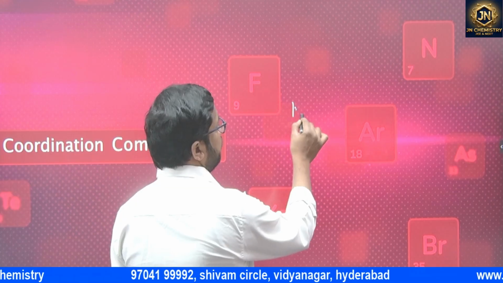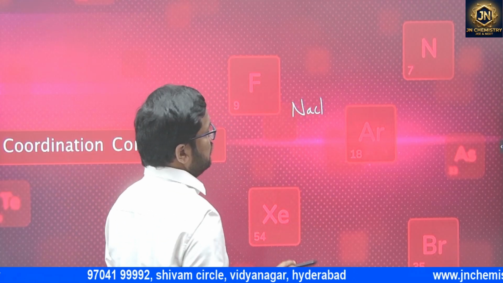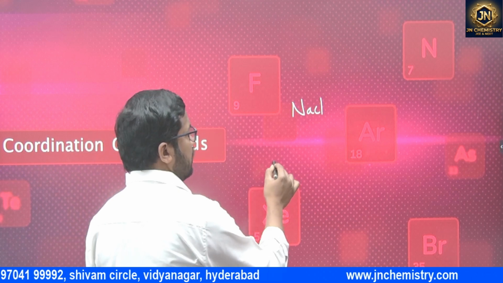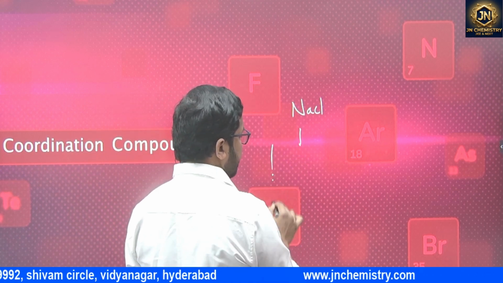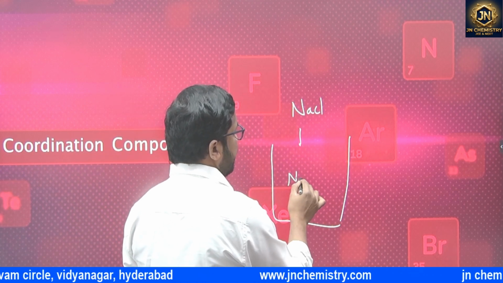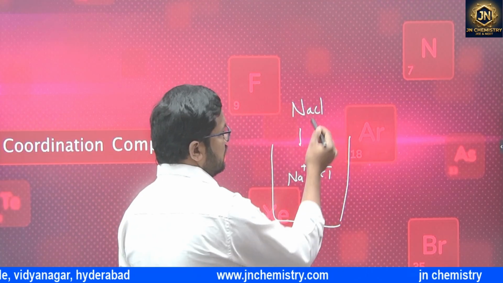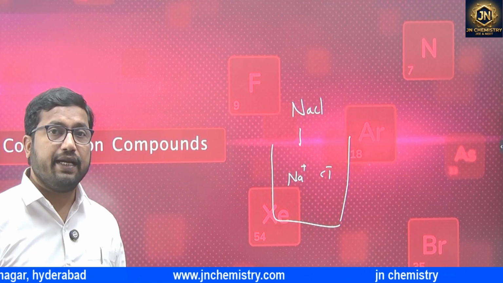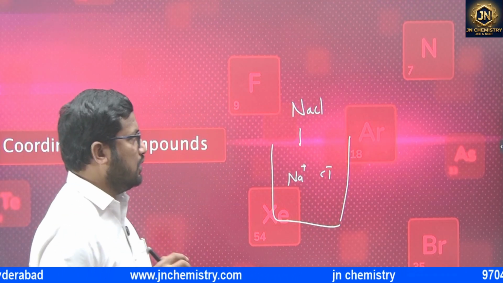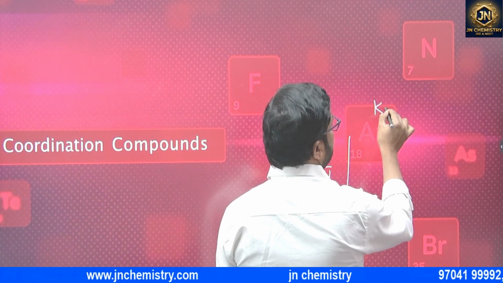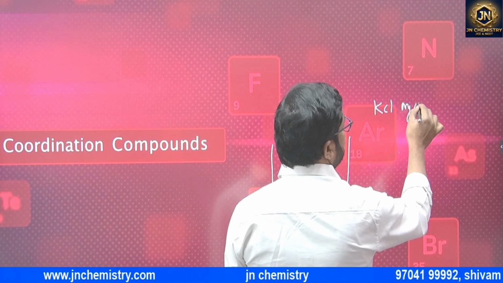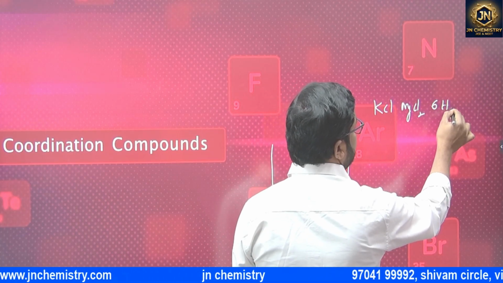Normal salt, for example, NaCl. If you dissolve it in water, what happens? Na plus and Cl minus. So while dissolving NaCl, how many ions do we get? 2. Double salts are there, correct? For example, KCl, MgCl2, 6H2O.